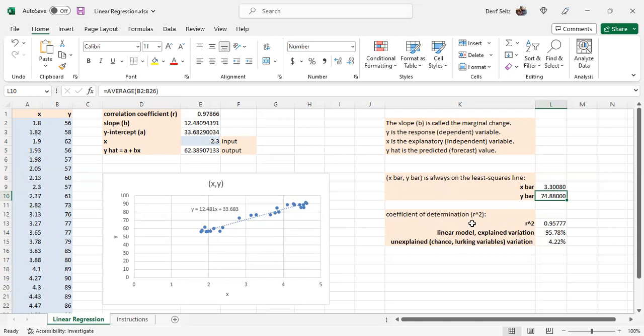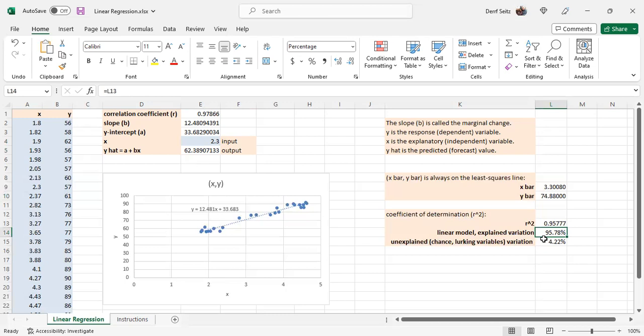The coefficient of determination happens to be R squared, the correlation coefficient squared. That's calculated here as well, simply by squaring R. And then the explanation behind it: for a linear model, explained variation is what this coefficient of determination indicates.